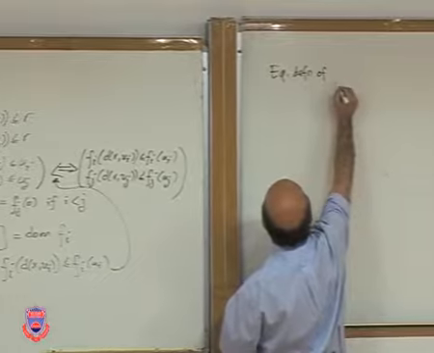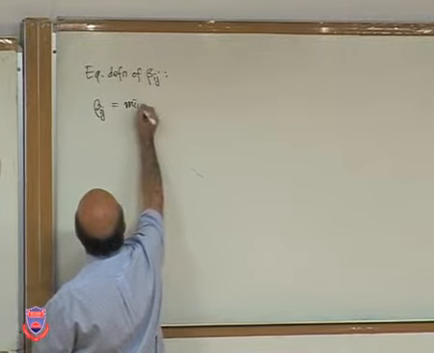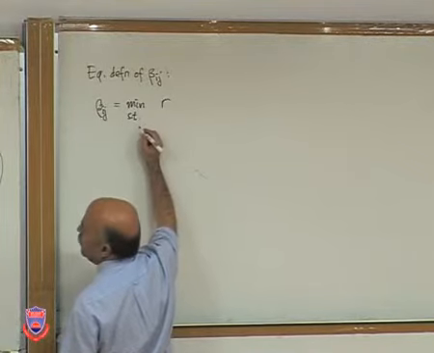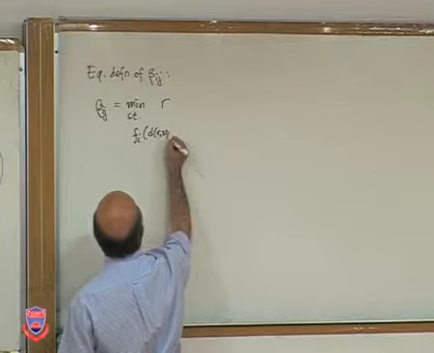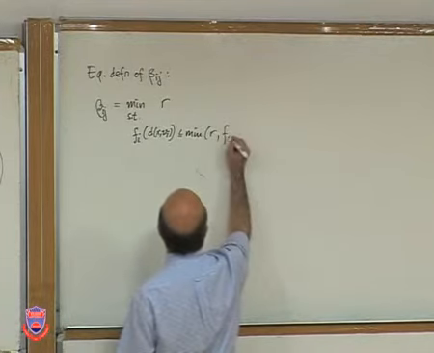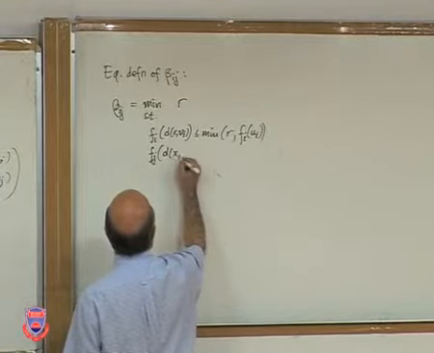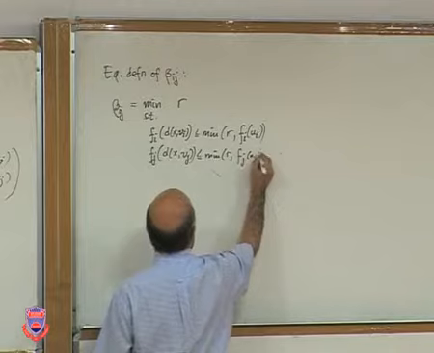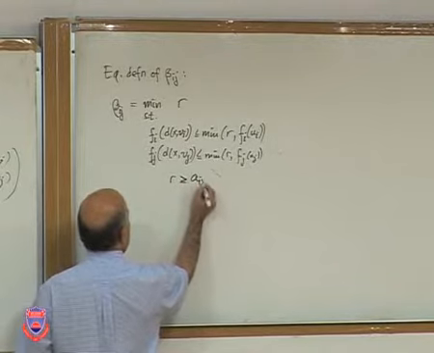Equivalent definition of beta ij is to require beta ij to be the minimum solution for the minimization of r subject to fi of d(x, vi) less than or equal to the minimum of r and fi ui, and similarly for j, provided that r is greater or equal aij.